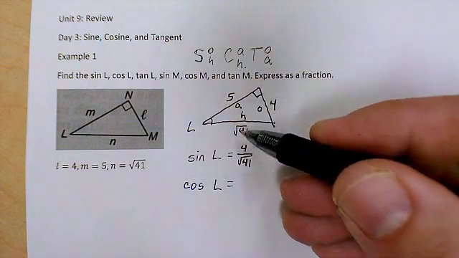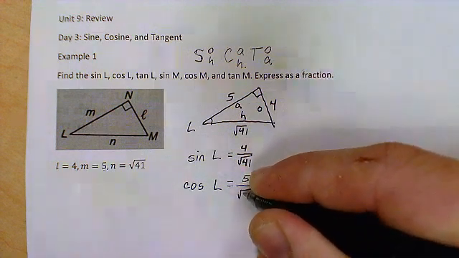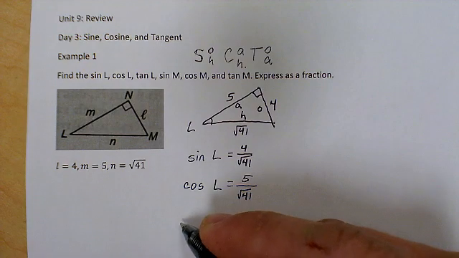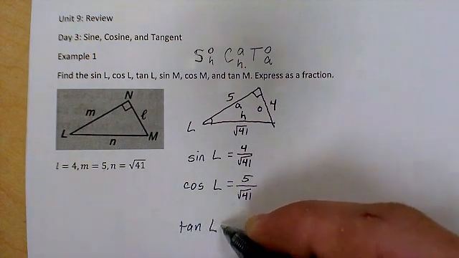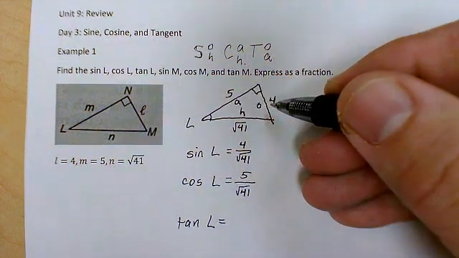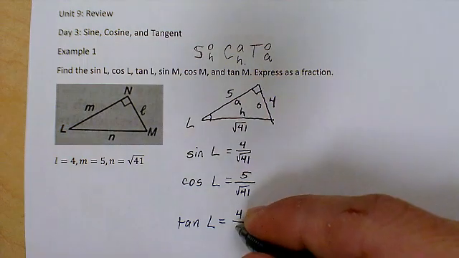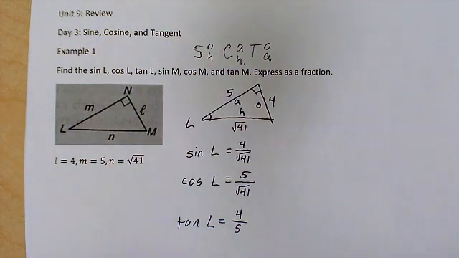So adjacent is 5. Hypotenuse is root 41, so 5 over the root of 41. And the tangent of L is equal to opposite over adjacent. So 4 is opposite over 5 is my adjacent leg. And that wraps up point L.